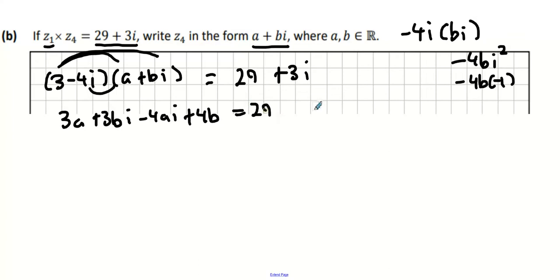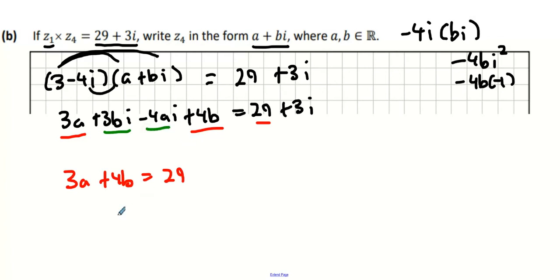Now what we're going to do is match up the real parts on each side with the imaginary parts on each side. So the 3a and the 4b add together to become 29, because these are the numbers that have no i's in them. On the other side, the 3bi and the 4a, so minus 4a plus 3b, has to equal 3.